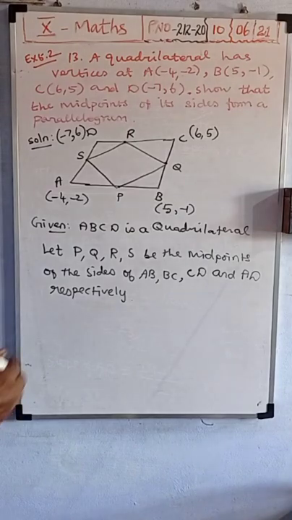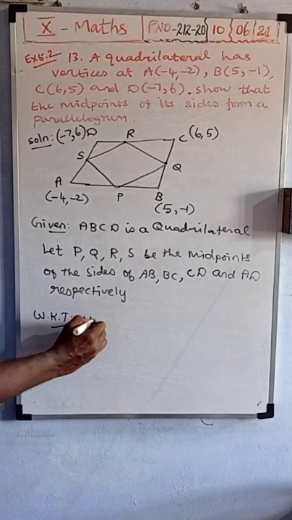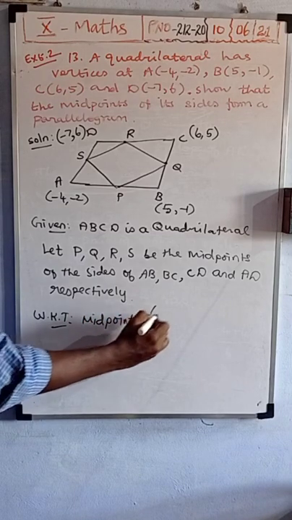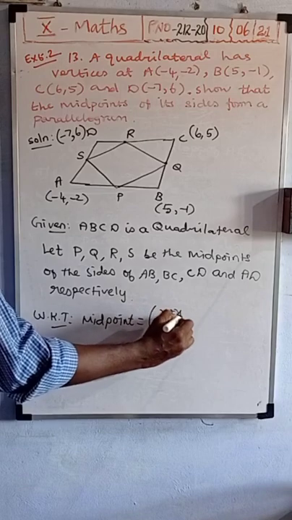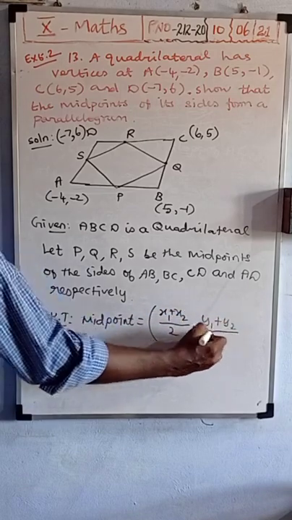Now this midpoint we want to find. We know the midpoint formula: x1 plus x2 by 2, comma y1 plus y2 by 2.